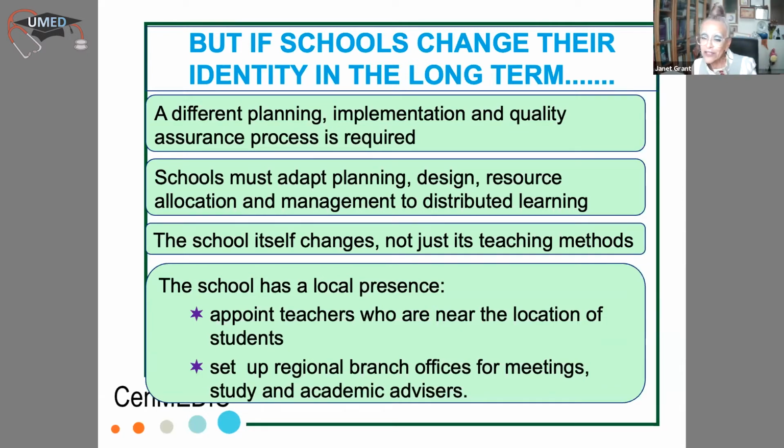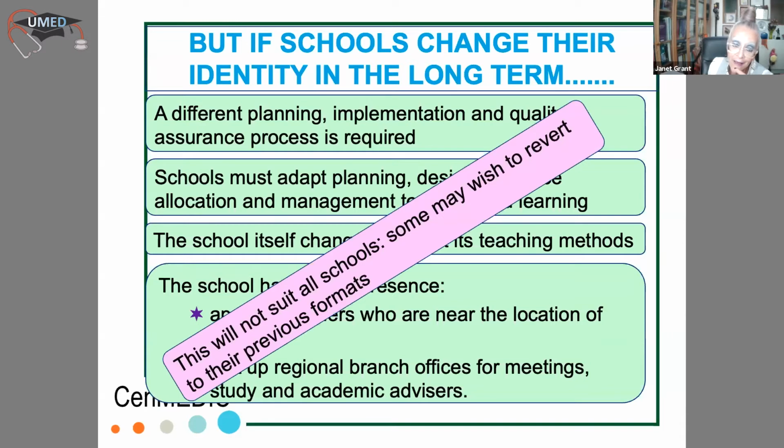So those issues about not only the students being distributed, but the teachers being distributed, the management responsibility of the school being distributed, and the support the school offers for teachers and students who are distributed, is a really important, shall we say, mindset when you start to think about how to support students who are at a distance from your campus.